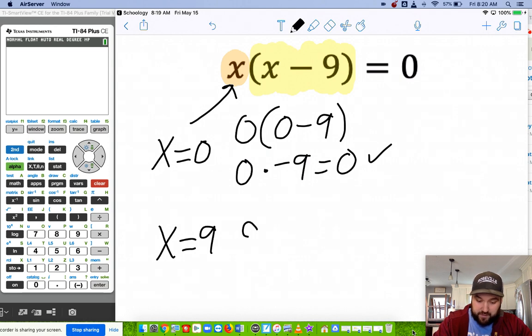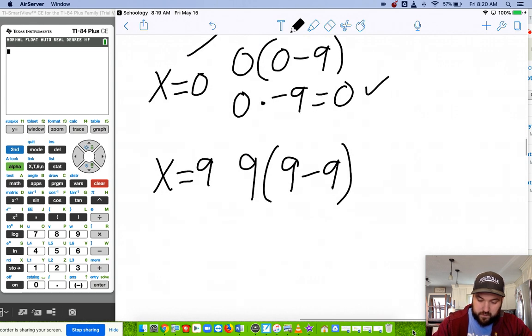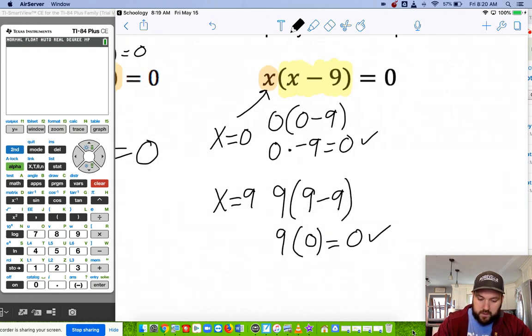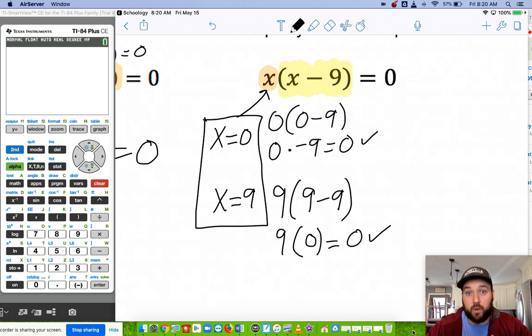Because if I were to take 9 times 9 minus 9, PEMDAS says I have to do the inside of the parentheses first. And 9 minus 9 does indeed equal 0. Okay. So these are my two solutions for that equation, because they're the two numbers that I can replace x with and get 0 as a result.